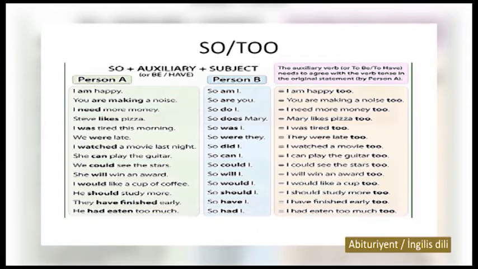The auxiliary can be "be" or "have," or "do," "will" or "shall," or we can use modal verbs as well, if our first sentence is used with modal verbs. As I mentioned, it depends on the formation of the yes/no question of the first sentence.